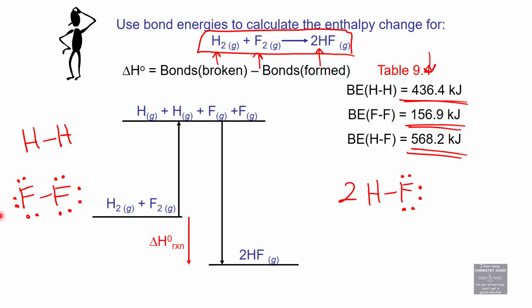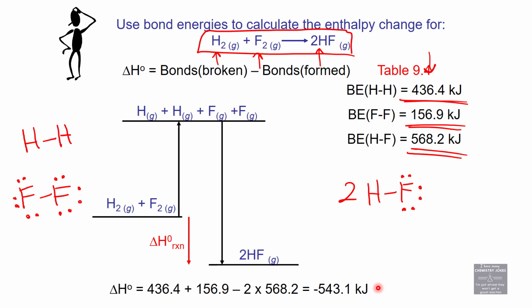Exothermic overall. And the way we would calculate it is delta H is 436.4 plus 156.9 minus 2 times 568.2. This plus this minus 2 times 568.2 yields this exothermic enthalpy value.